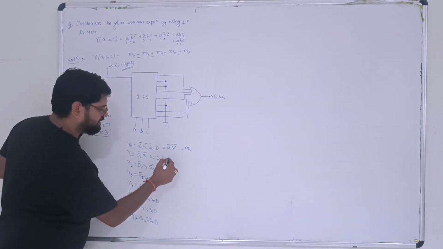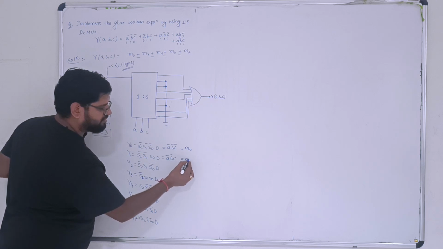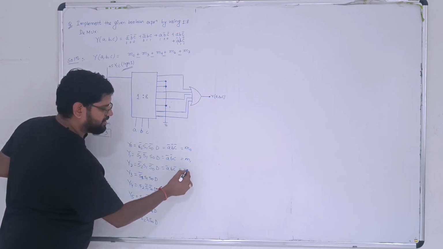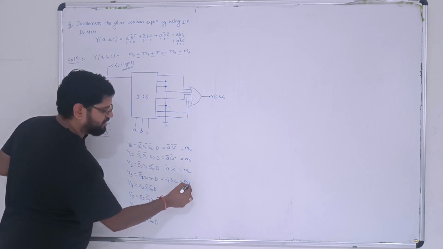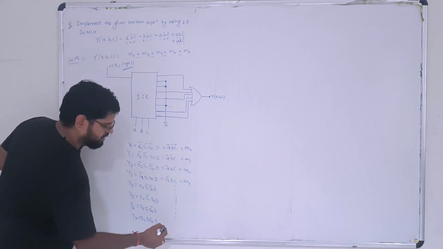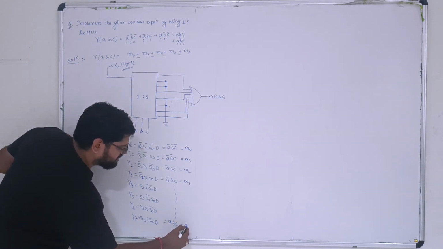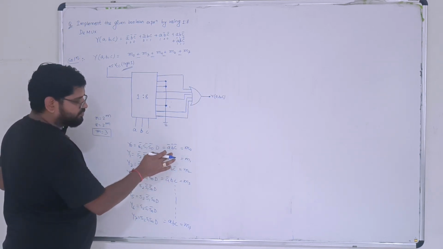Similarly, this one is A bar, B bar, C, and D is 1, so this is nothing but M1. Similarly, this is A bar, B, C bar, that is M2. This one is A bar, B, C, that is M3. If you go on, the last value will come out to be A, B, C, which is M7. Now, this is what the output is.